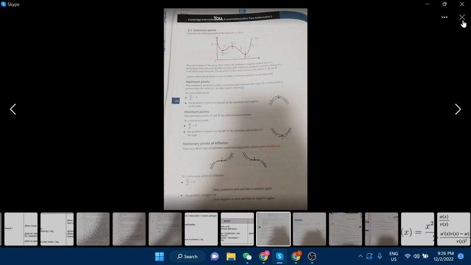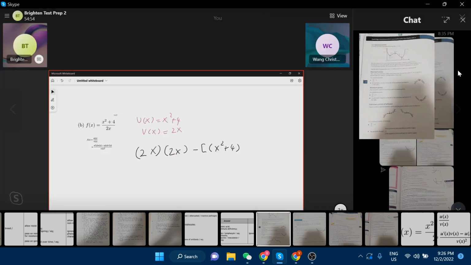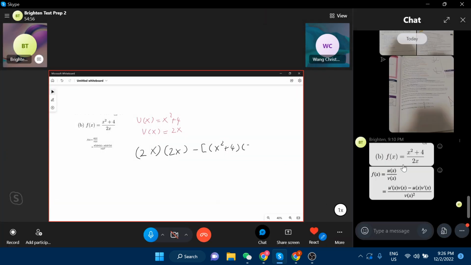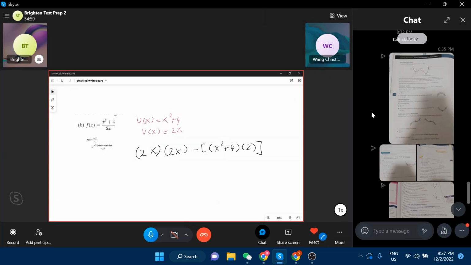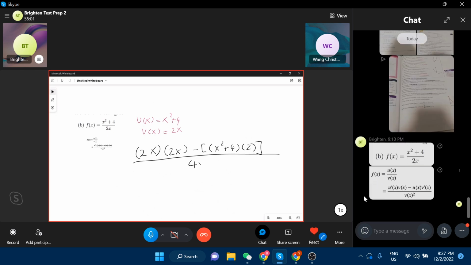So 2x, bracket x squared plus 4, and then over 4x squared. So 4x squared minus bracket 2x plus 8, over 4x squared.